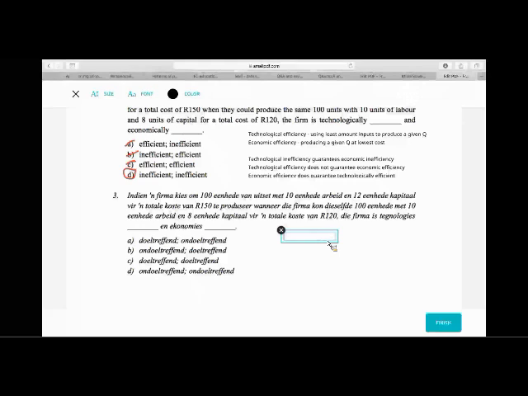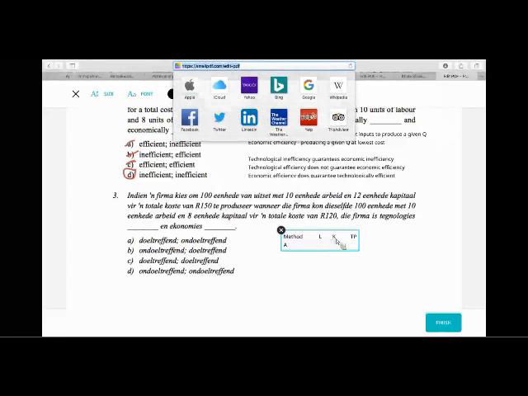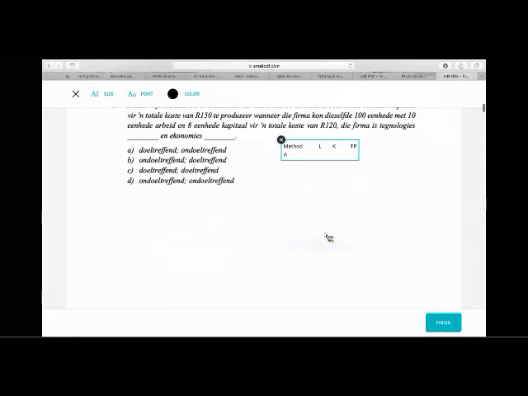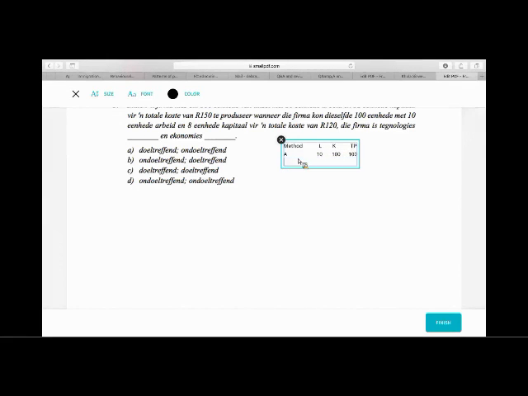So a typical past paper question that we've had is where you have different methods that use certain amounts of labor, certain amounts of capital, and they both achieve the same level of output. So you can have method A, which let's say uses 10 units of labor and 100 units of capital, and the output is 100.